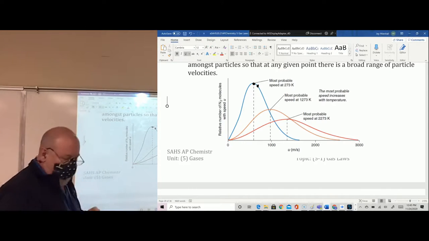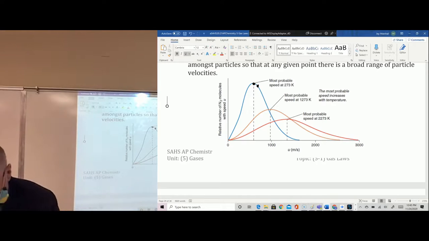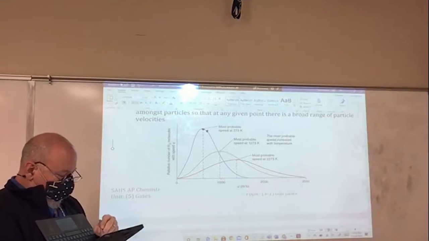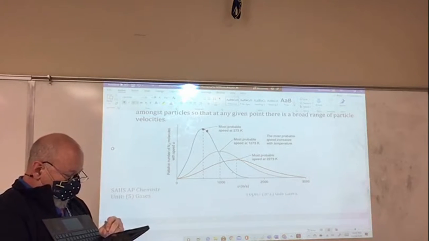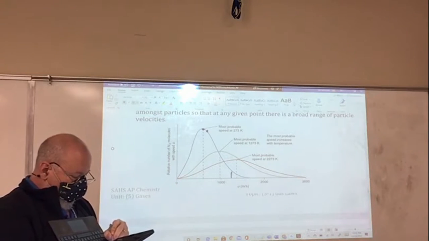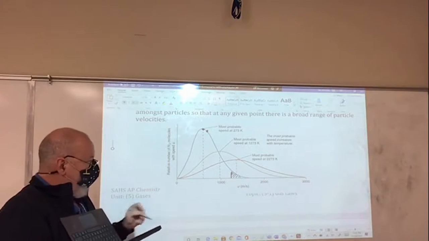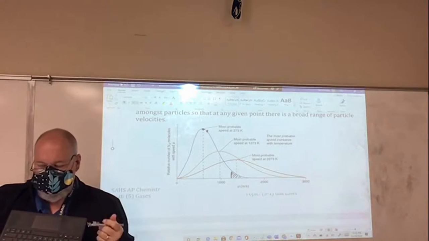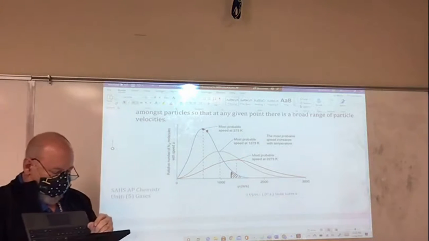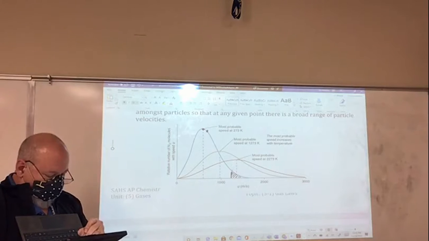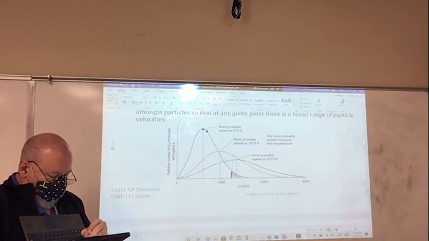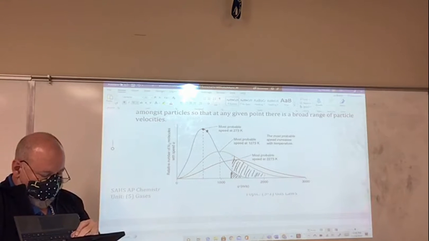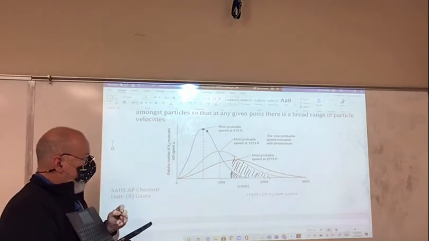And what we're going to find out is that only a proportion of these particles are going to have the ability to react. So at this temperature, only these particles may have the kinetic energy to actually cause a reaction. But at this temperature, I'm going to have enough kinetic energy so that all of these particles have the ability to react.